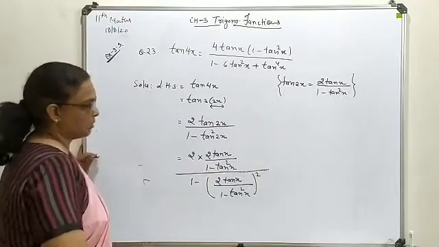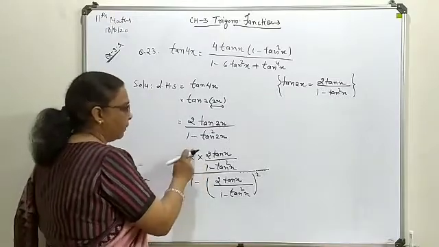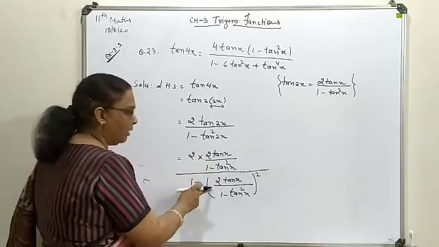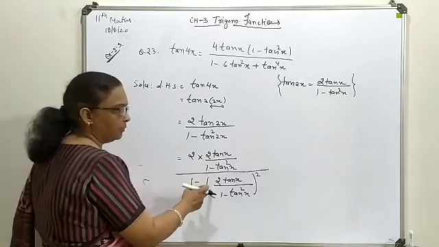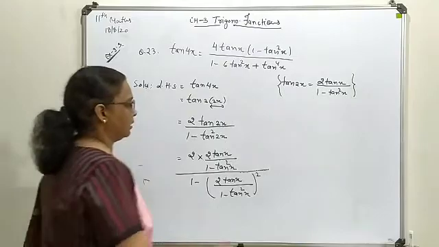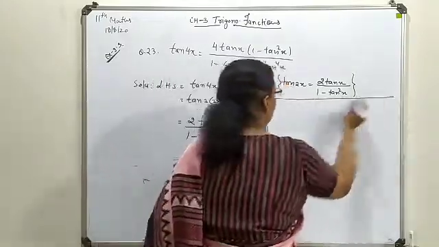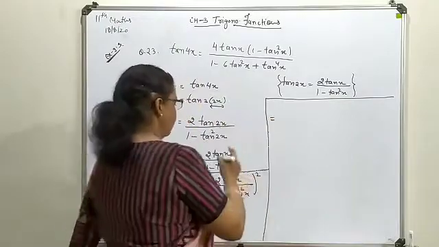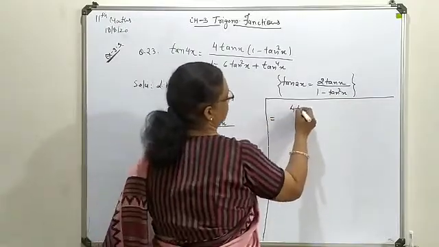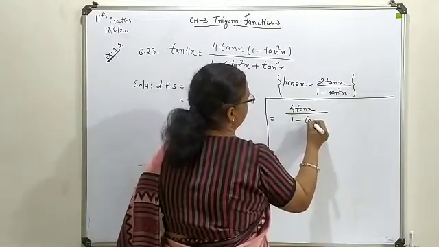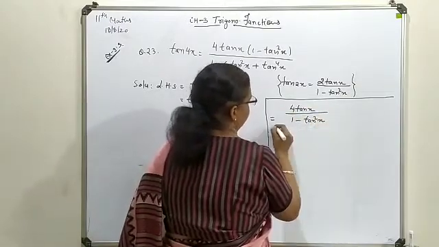Now it is to be sorted out. So first of all make this 2 multiply, no change at all in the numerator. In denominator make the square of each term. So further solution you will write as, this will give you 4 tan x upon 1 minus tan square x.